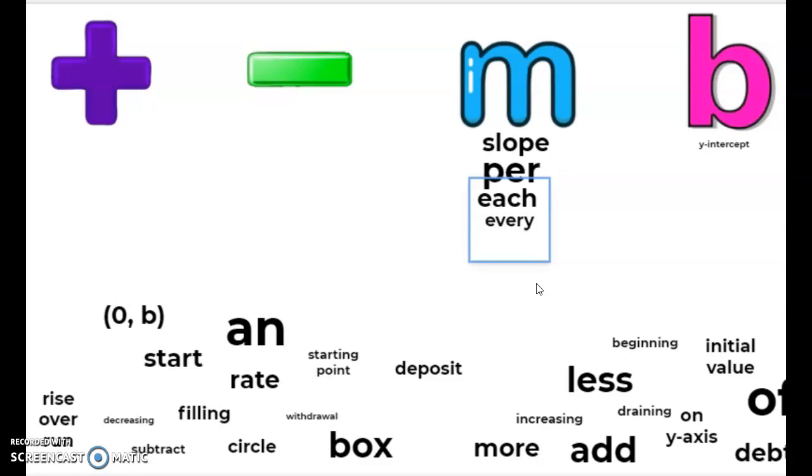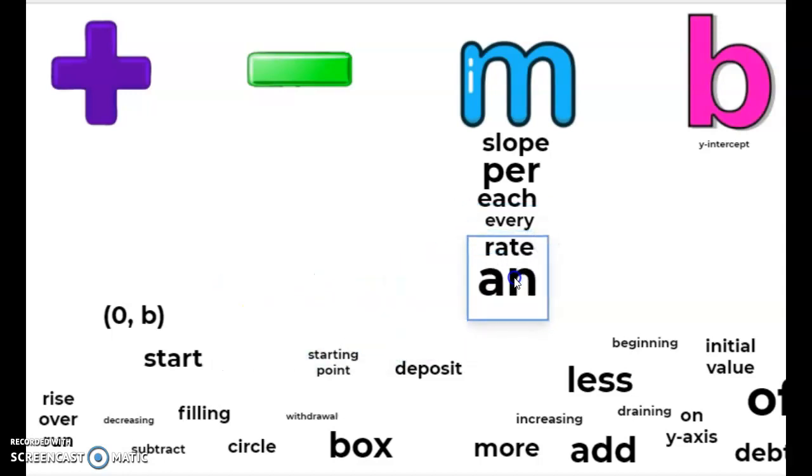That means that whatever number is either to the left or right of those words is my slope automatically. A few other ones that mean slope or tell me to multiply are rate, because remember we said rate of change is the same thing as slope, and, and of.